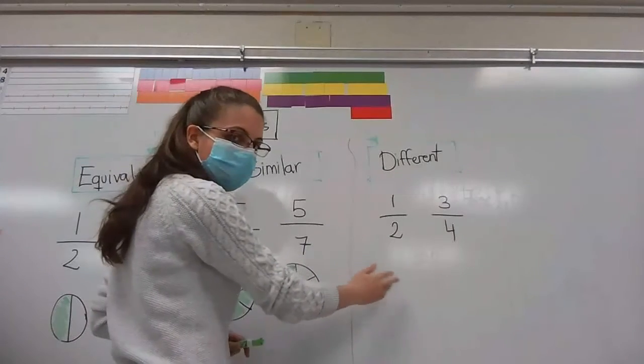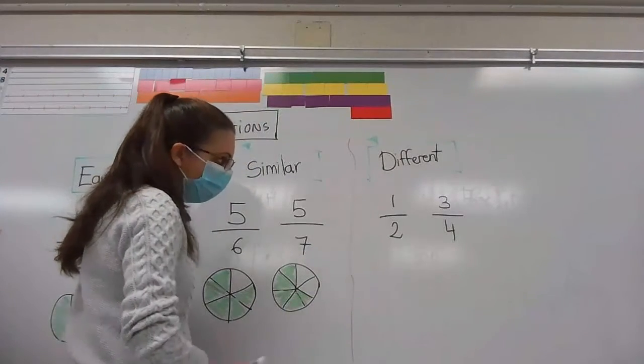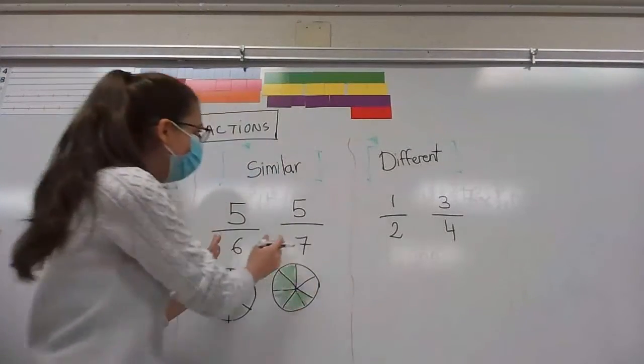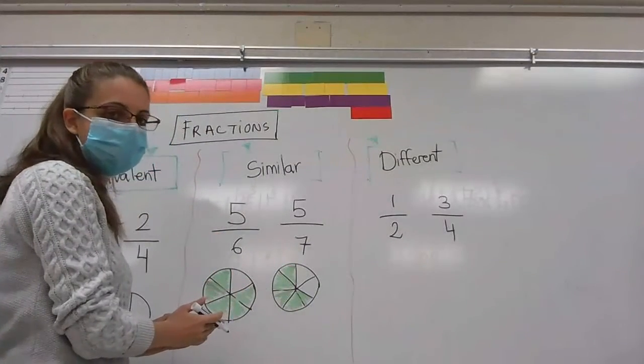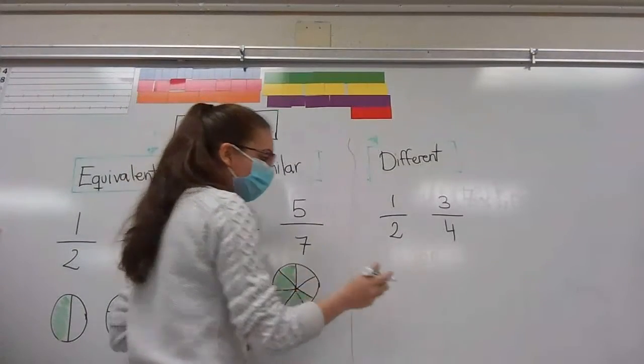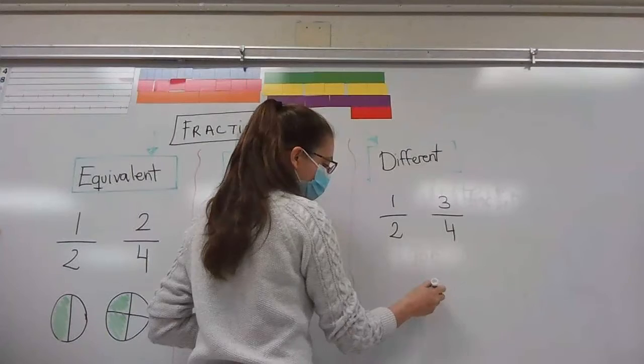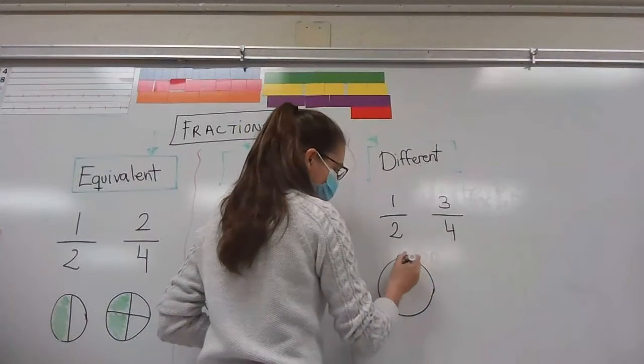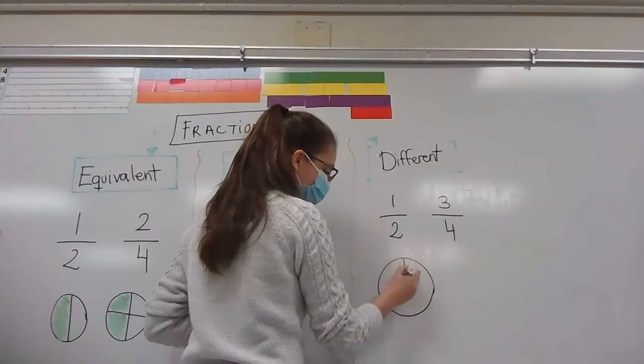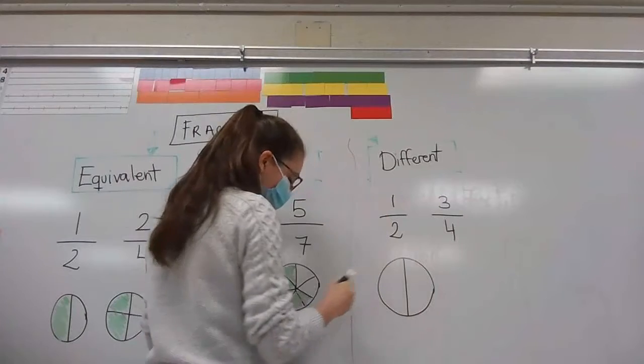And then I have different. So similar is that they are close to each other. Different, nothing. It's very different. So I have 2 parts and I shade 1 part.